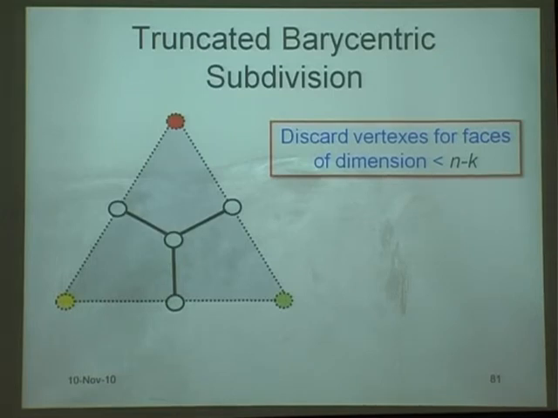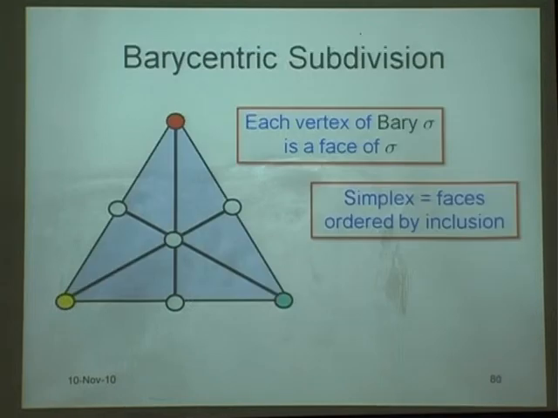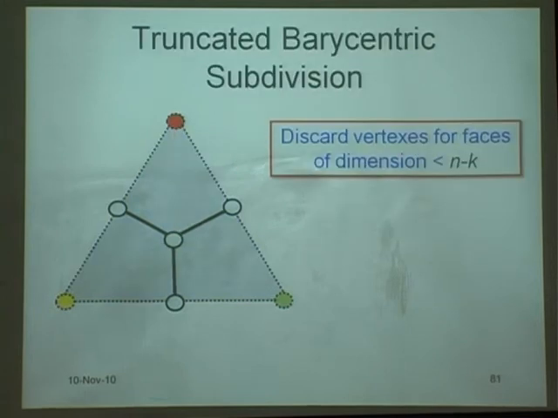So I'm going to take all the faces here that are of too small a dimension. In this example, it's going to be dimension 0. And I'm going to throw them out. And I'm going to look at the barycentric subdivision of what's left, and call that a truncated barycentric subdivision.